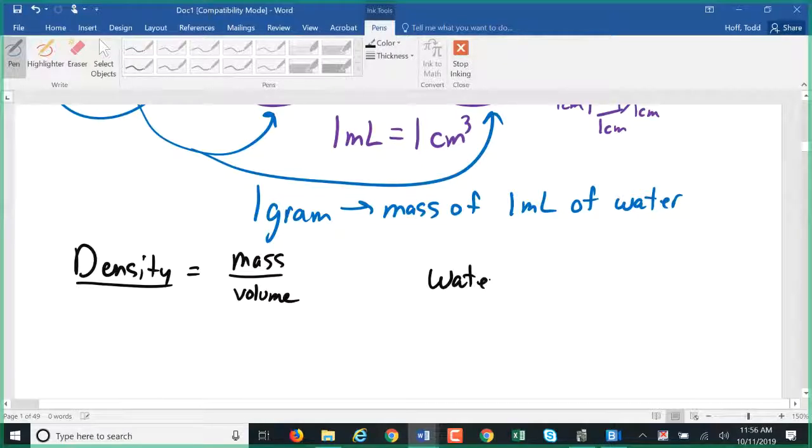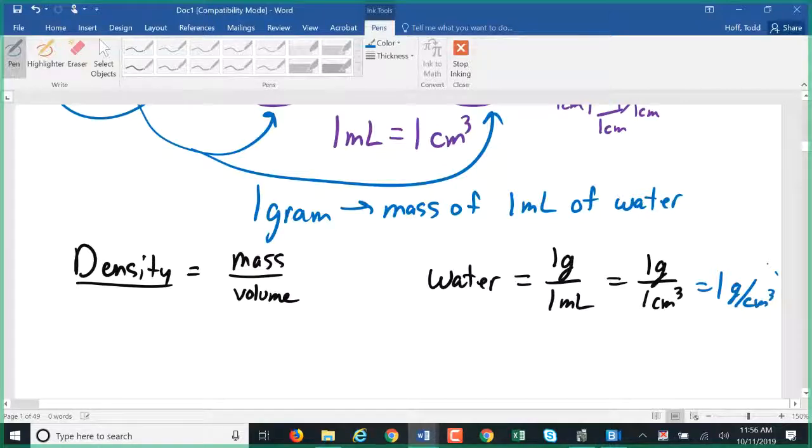Water has a density of 1 gram in 1 milliliter, or 1 gram in 1 cubic centimeter. So the density of water is literally calculated as 1 gram per cubic centimeter.